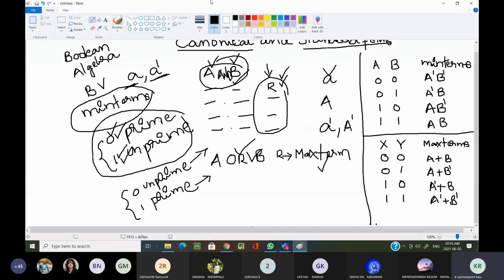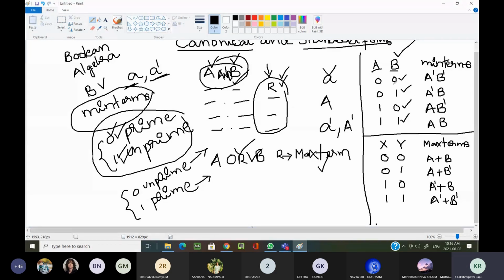Now you can note down this table, the table I am showing on my screen. See here, the minterms table. If I consider two binary variables, we have four different combinations, considering both the normal form and the complement form of both variables.